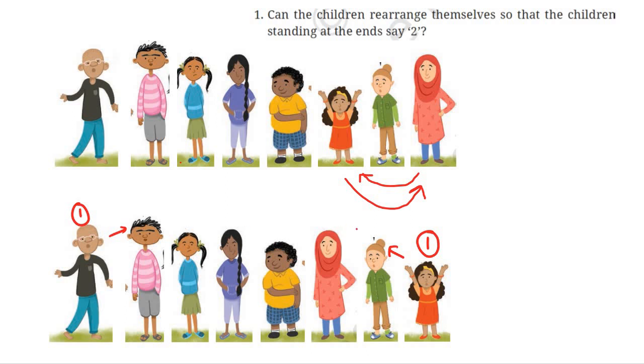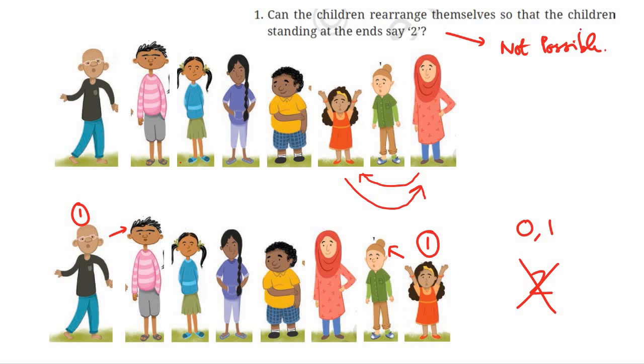Now you see, in no case can the child standing at the end say 2. Why? Because the person standing closer beside him or her will be either taller or shorter. So the number will be either 0 or 1. So 2 is not possible. So the answer to this question is not possible.